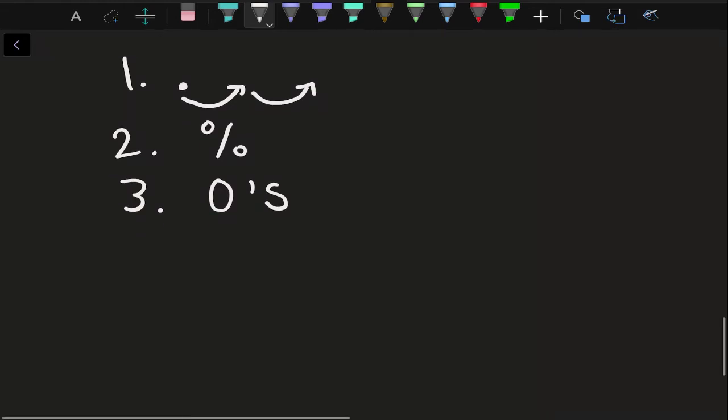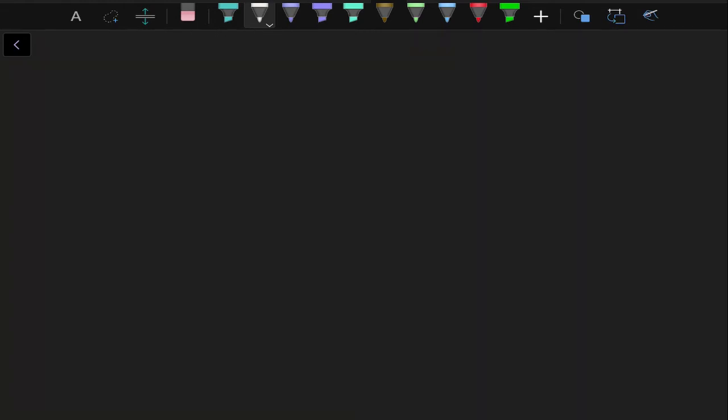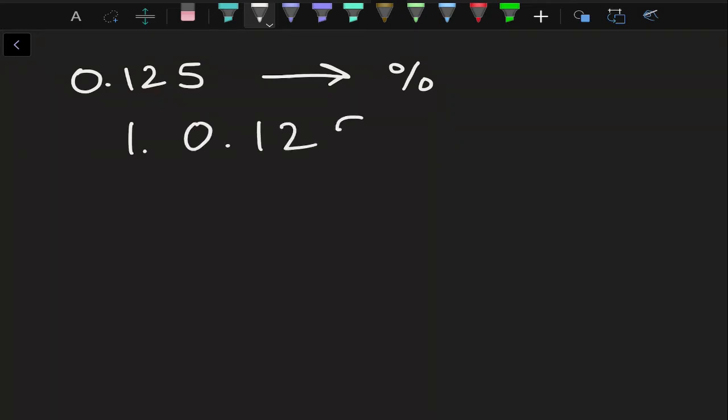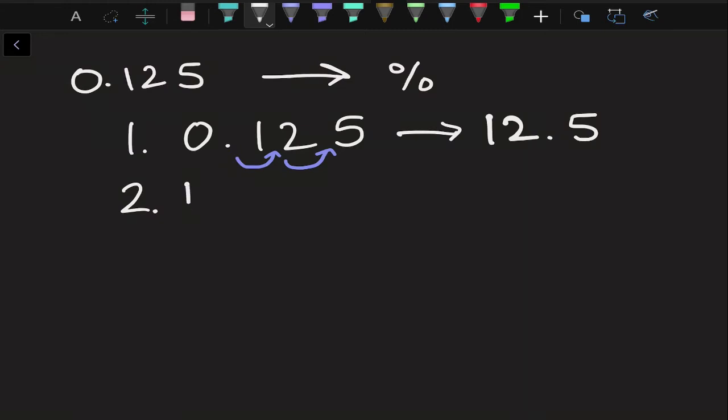So, our first example here is that we want to take 0.125 and express it as a percent. So, the first step, we're going to move the decimal place to the right 2 spaces. 1, 2. That gives us 12.5. The second step is to take that answer and add on our percentage sign.